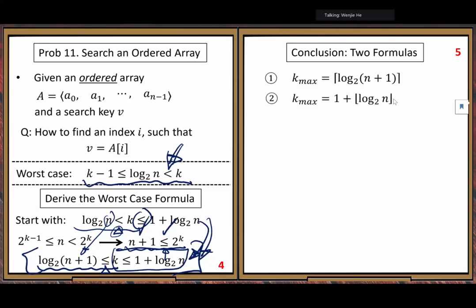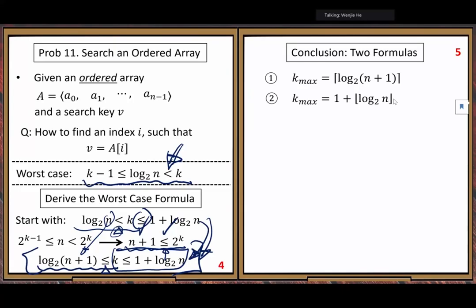For the second formula, we use the upper bound this time, and we need to use the floor function. Now we want to reduce this number as much as possible, so we go down, with the rounding down operation, the floor function: 1 plus floor of log base 2 of n.